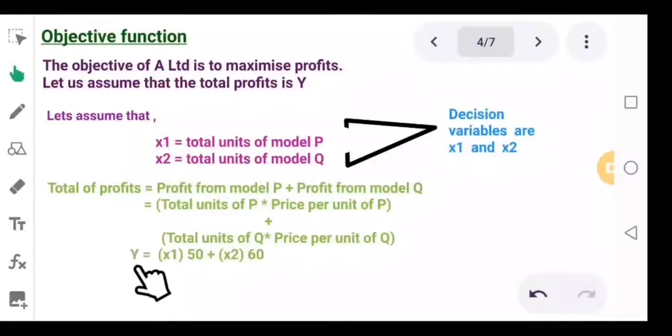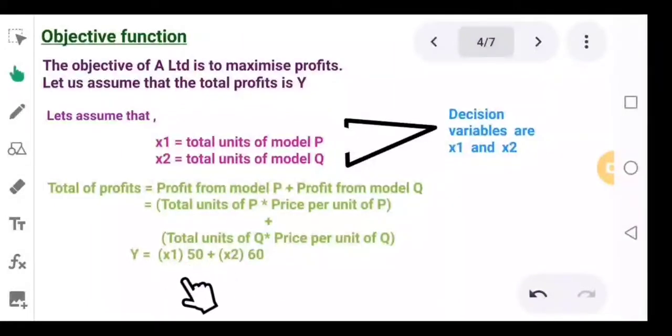So when you replace all these things with X1, X2 and the per unit profits of P and Q, the linear equation that is formed is Y is equal to X1 into 50 plus X2 into 60. That is, total profits is equal to X1, which is the total units of model P, into 50, that is the price per unit of P, plus X2, which is the total units of model Q, into 60, which is the price per unit of Q.